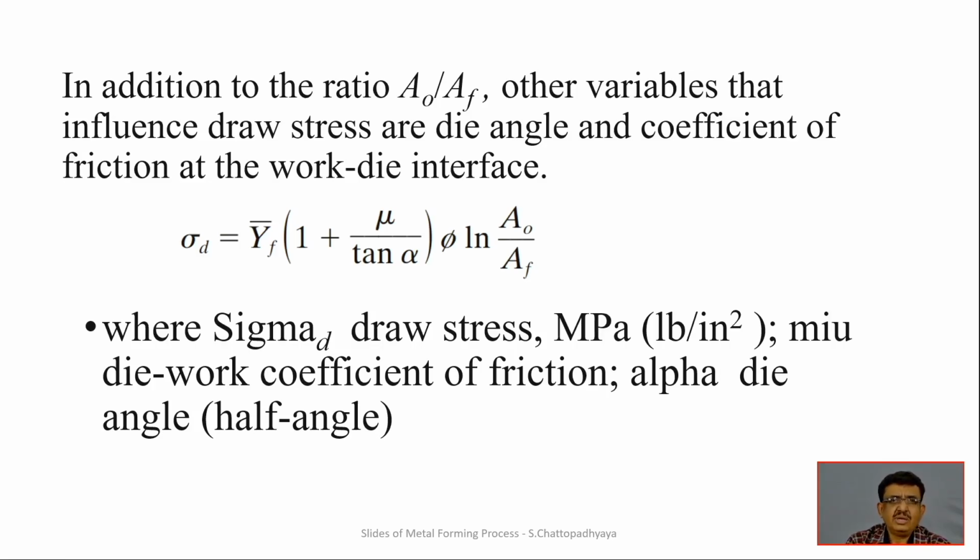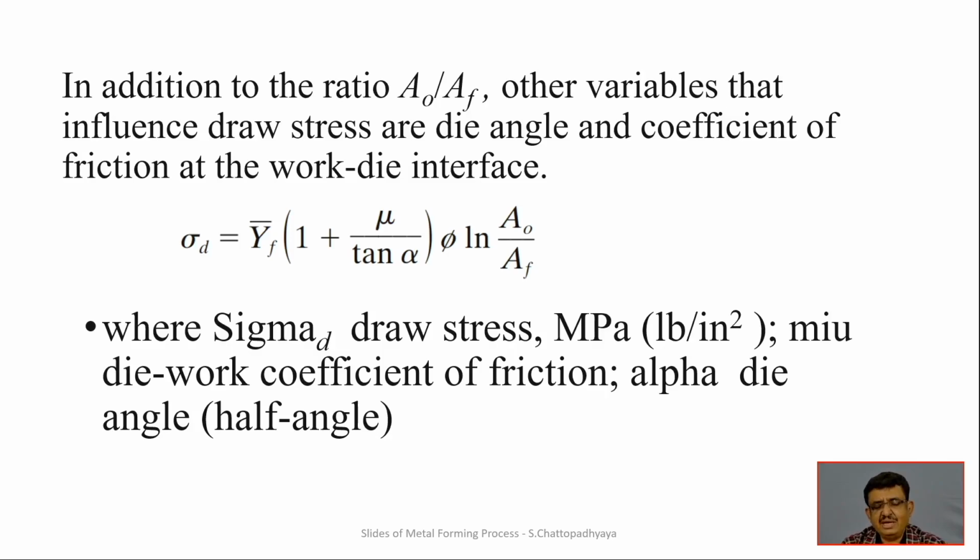So, sigma d is equal to average flow stress, that is the Y suffix f bar, into 1 plus mu, that is the friction coefficient, divided by tan alpha. This alpha is entrant angle, die angle, along with phi into logarithm of A0 by AF.